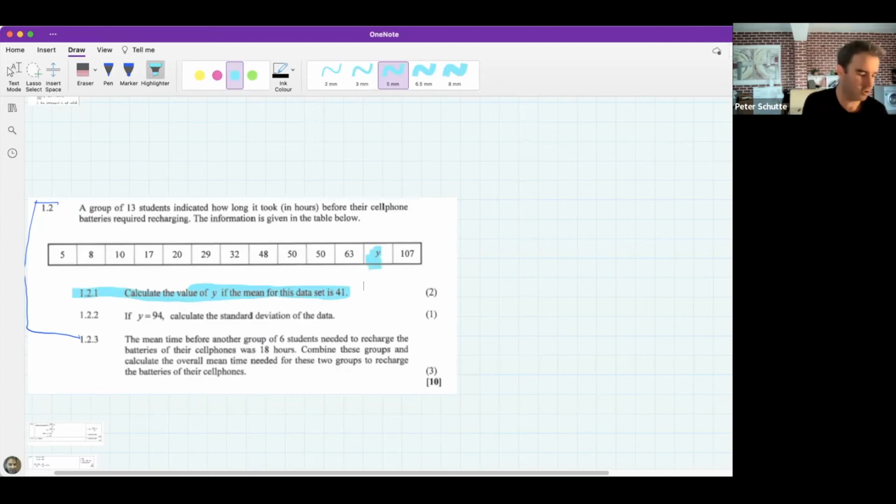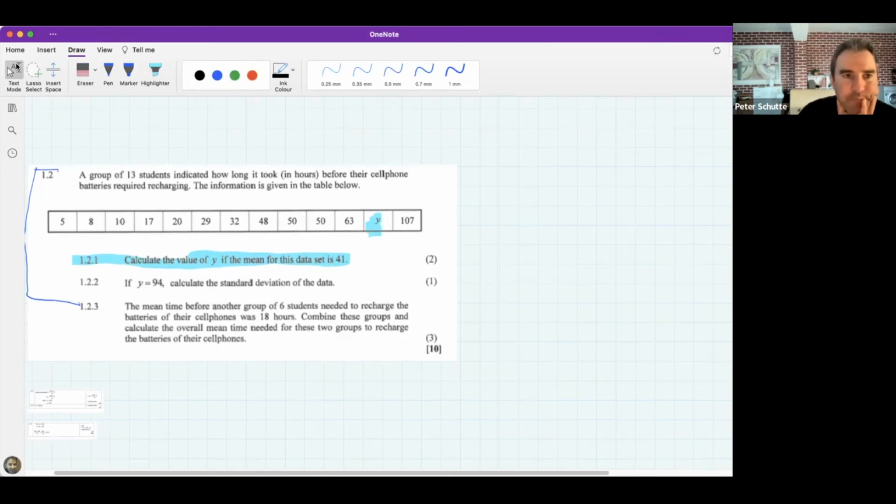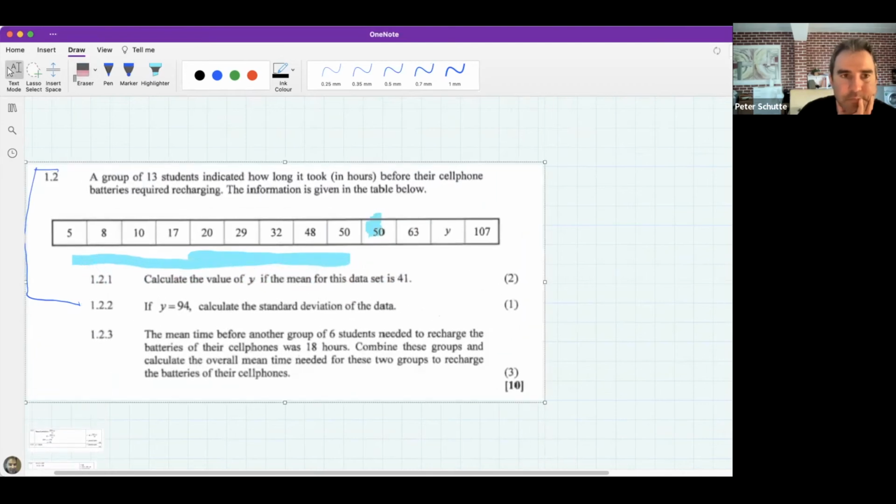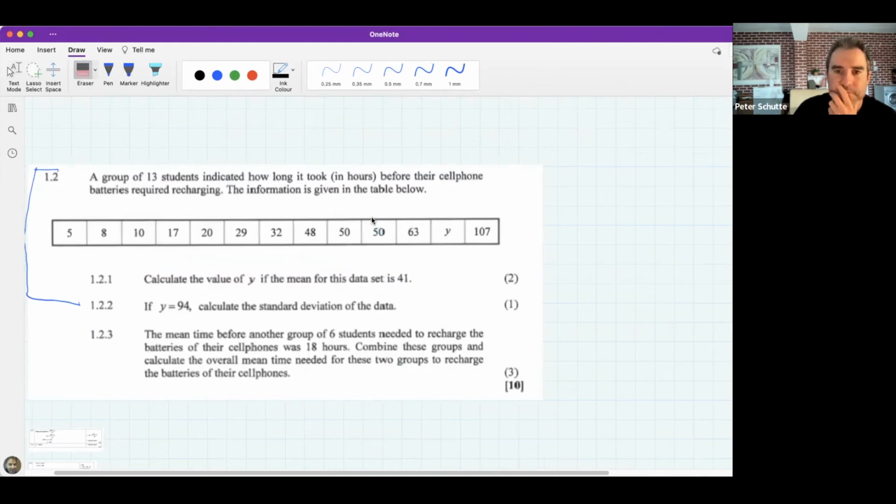So go ahead and do 1.2.1, see what you get. What value of y do you get?